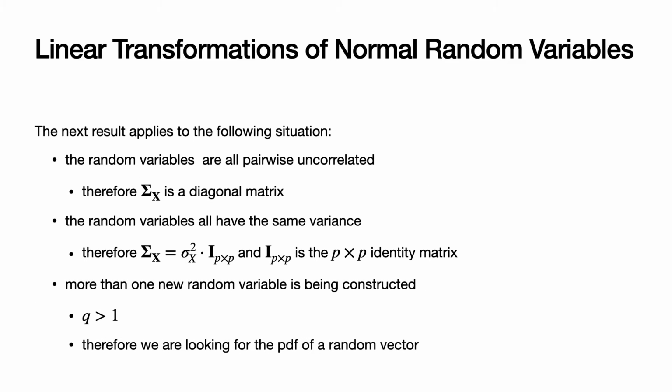So the next result applies to the following situation. The random variables are all pairwise uncorrelated. This implies that cap sigma sub x, the covariance matrix for the random variables, is a diagonal matrix.